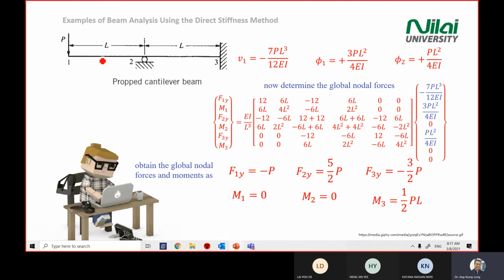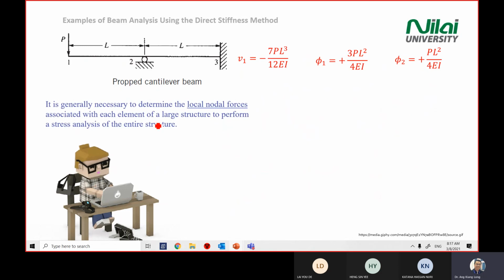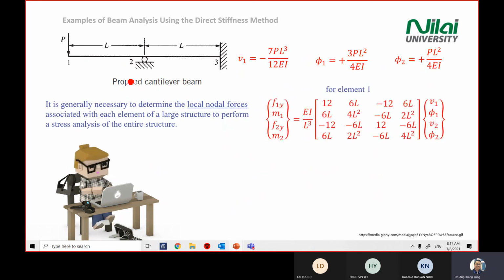We will go to the element level. So how do we do analysis on an element? For element 1, you only see points 1 and 2.